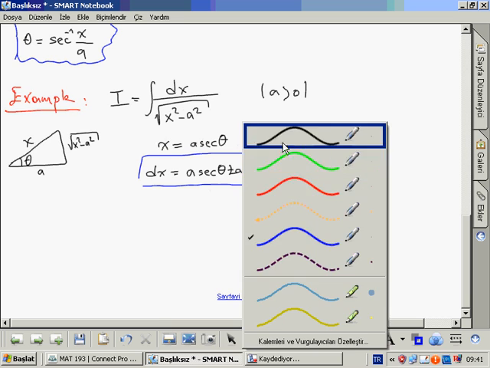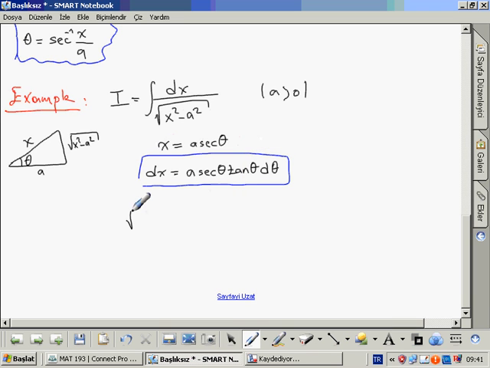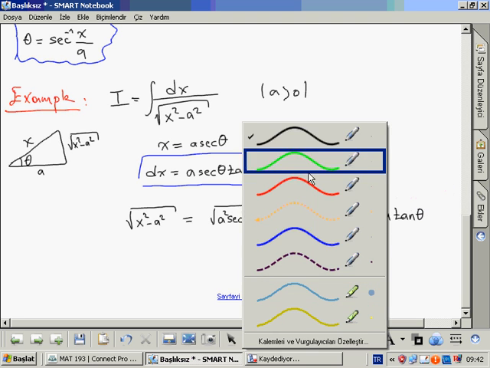And after that, square root of x square minus a square equals square root of a square secant square theta minus a square. So it equals a times square root of tan square theta, so it equals a times tan theta.